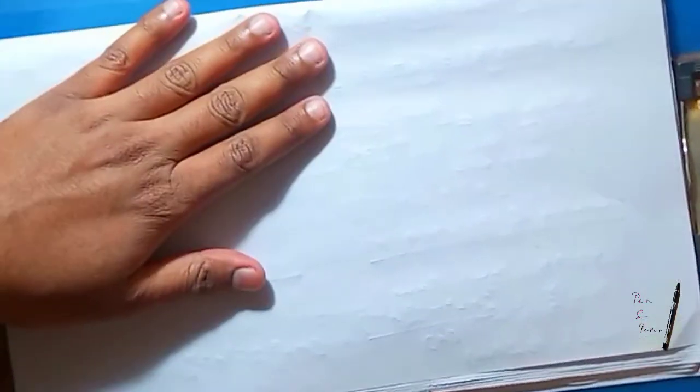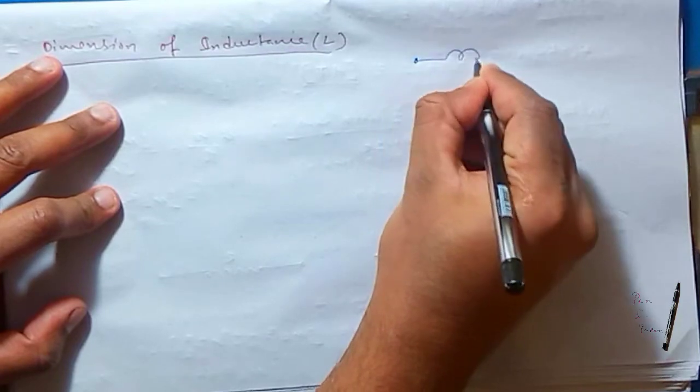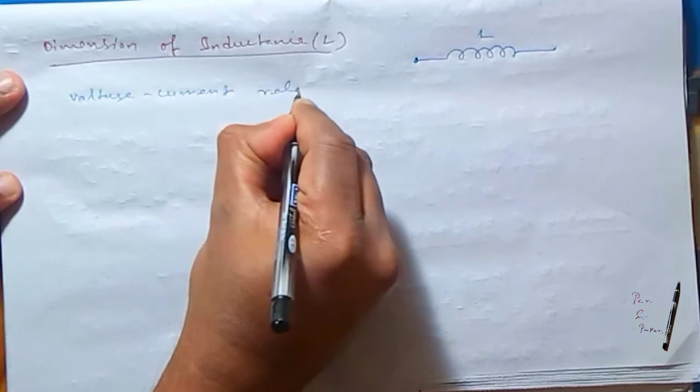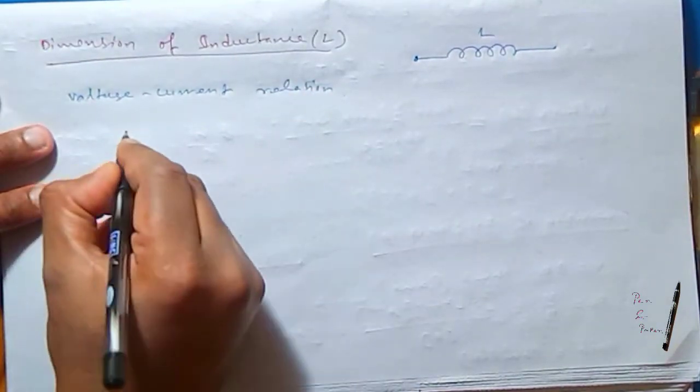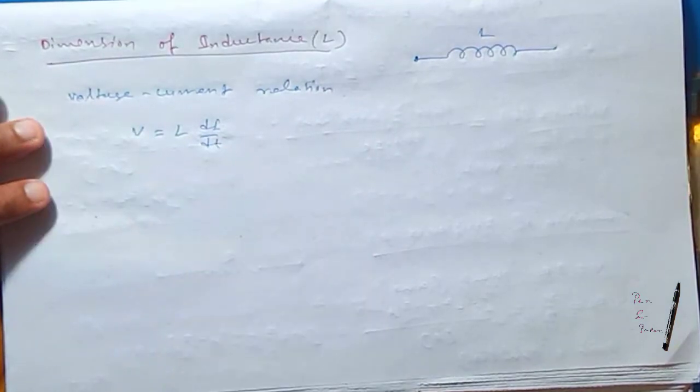Now further, let us find the dimension of inductance, L. Symbolically it is just a coil, L. Now the voltage current relationship: we express the voltage in an inductance as V is equal to L di by dt, the rate of change of current.